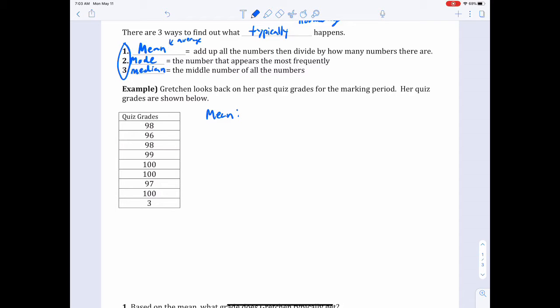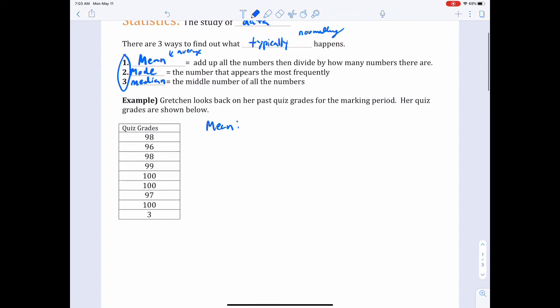So right here, the mean, to find her average, what we're going to do is add up all these numbers. So 98 plus 96 plus 98 plus 99 plus 100 plus 100 plus 97 plus 100 plus 3. That's what it says here: add up all the numbers.